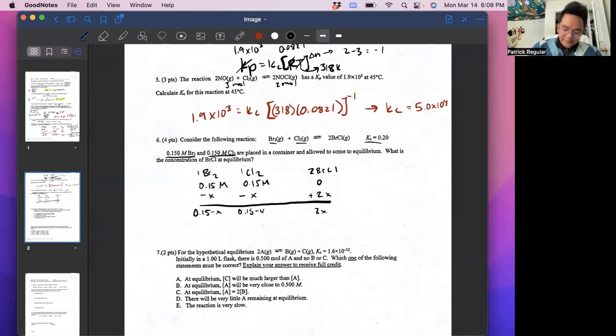Now let's go back here to our Kc. Our Kc equals 0.20, and we know that that's our relative abundance of product over reactant. Let's just plug in what we have at equilibrium, because remember, K uses the concentrations at equilibrium. So we have 2x, and don't forget our exponent because it is to the second power. And yes, they do stack.